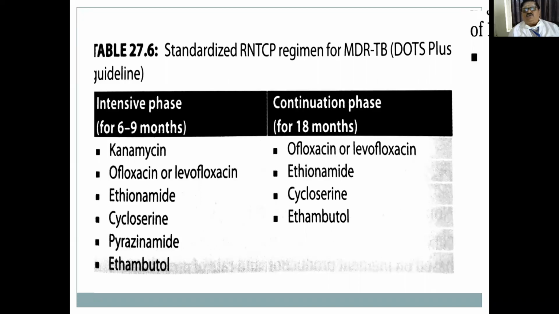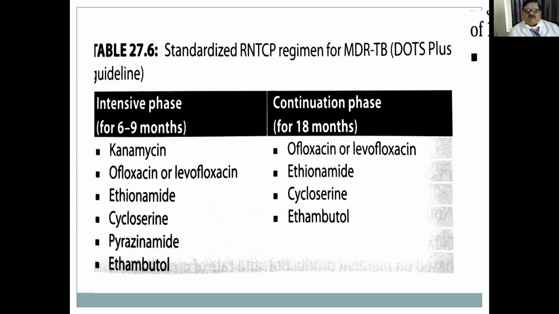To summarize, we have seen the laboratory diagnosis of Mycobacterium tuberculosis in today's class. Essentially it is pulmonary or extrapulmonary tuberculosis. If extrapulmonary, there are varieties of specimens, and for pulmonary, sputum is the specimen.